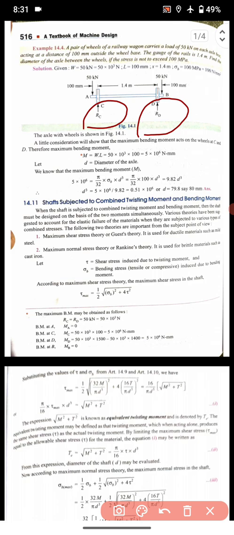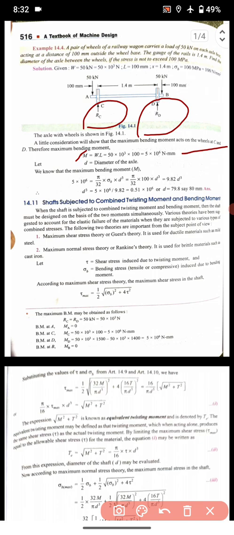So the maximum bending moment acts on the wheel at C and D. Therefore the maximum bending moment will be W multiplied by L, that is 50 × 10³ newton multiplied by the span length, so it is the maximum bending moment.